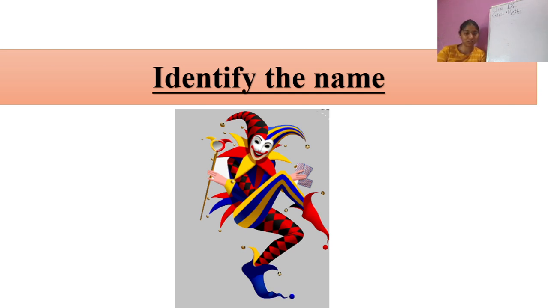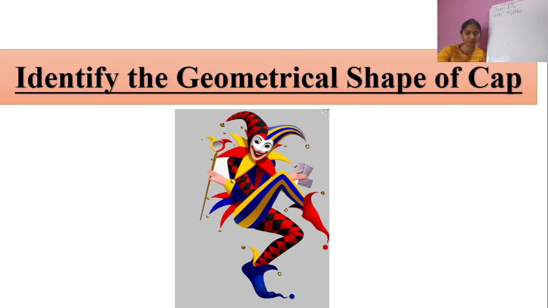Very good students. So students, do you find something in the cap of a joker? What kind of shape does the cap of a joker have? Write down your answer in the comment box.